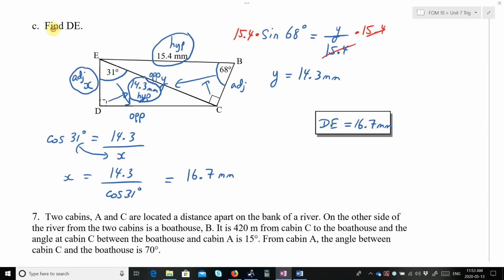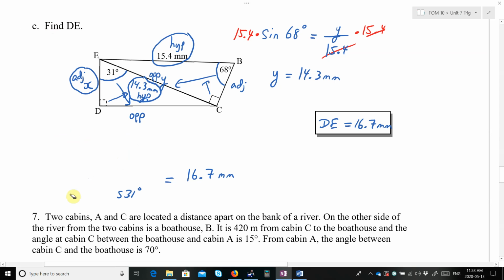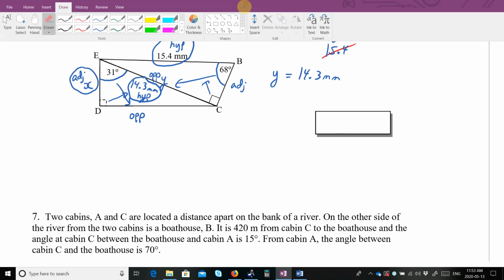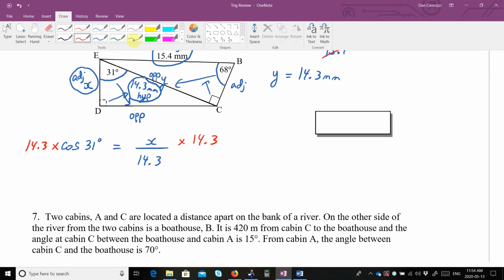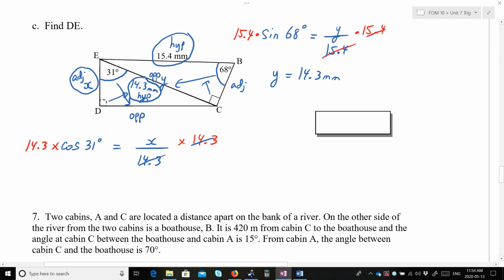Okay, which I have done incorrectly, unfortunately. Shoot. Sorry about that, guys. We are working with adjacent and hypotenuse, so it is going to be cos 31, but remember, cos is adjacent over hypotenuse. The adjacent is x, and the hypotenuse is 14.3. Sorry, so rather than having a division here, we are going to have this multiplied by 14.3 on both sides.